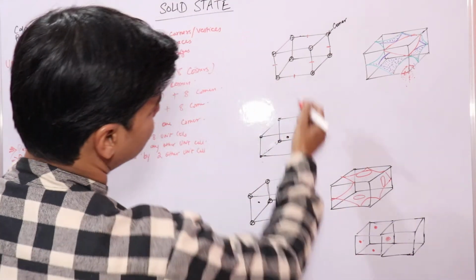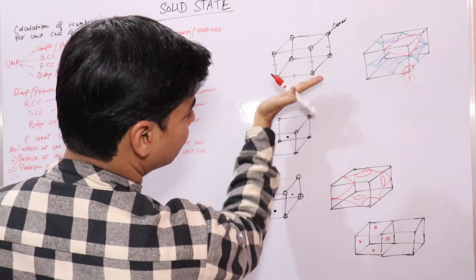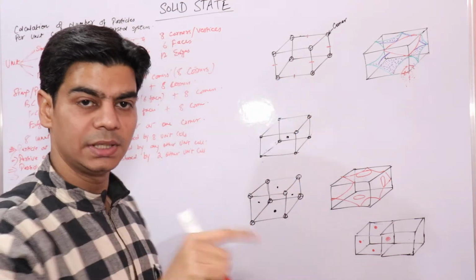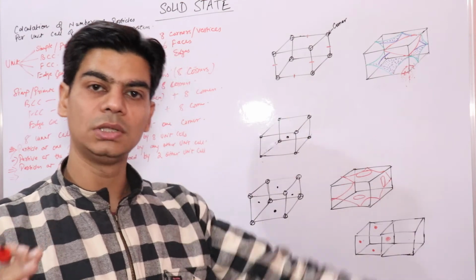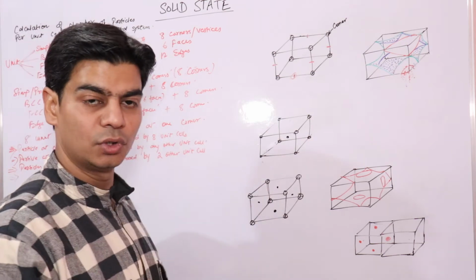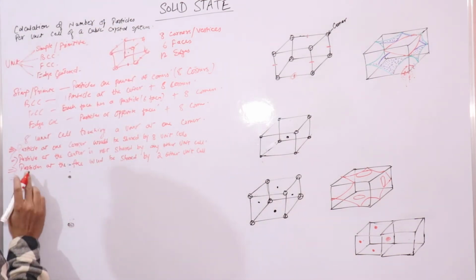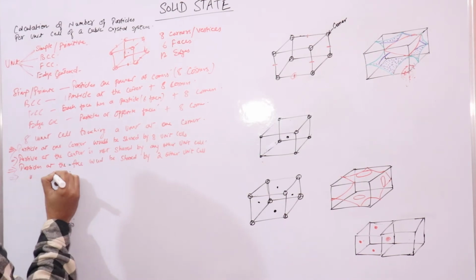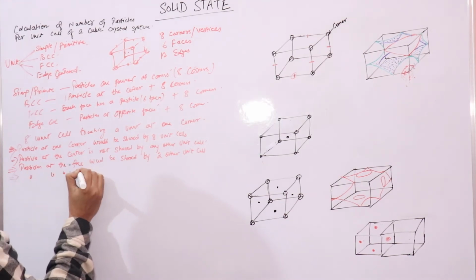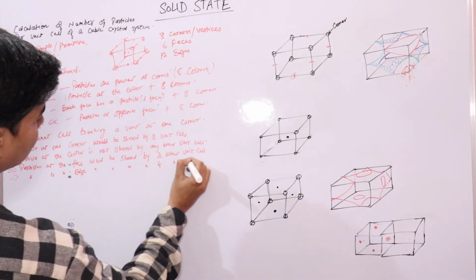If this is the edge, this particular edge, if you look in 3 dimensions, would be touched by 4 other unit cells. So the particle at the edge would be shared by 4 other unit cells, right?